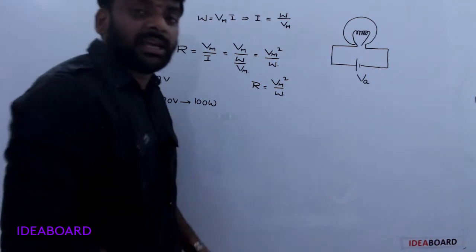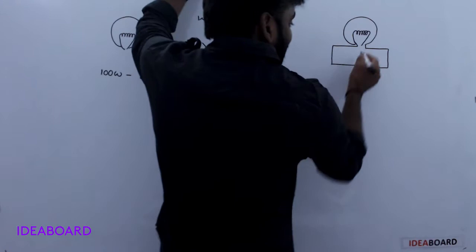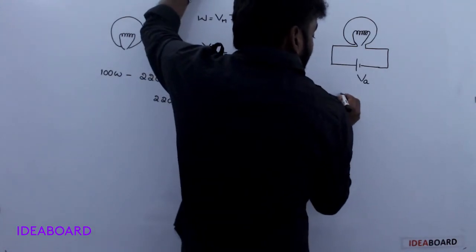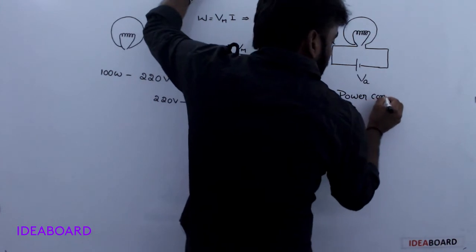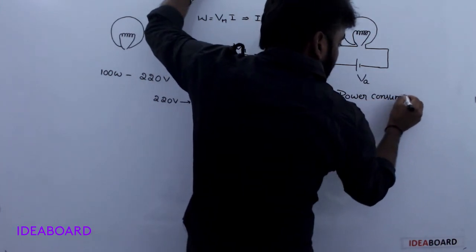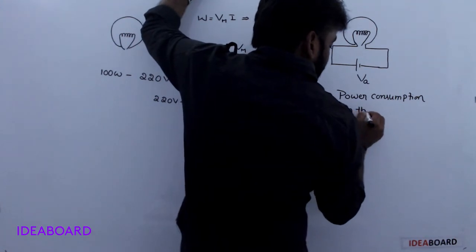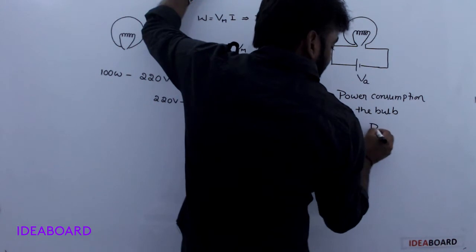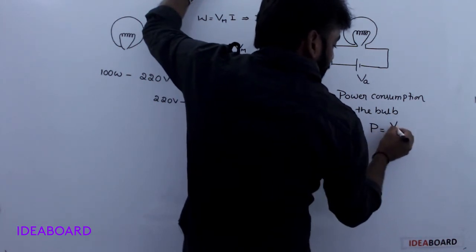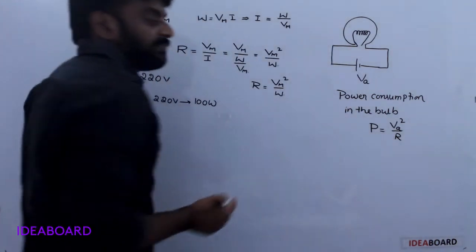Here power consumption in the bulb, P, is equal to V applied square by resistance of the bulb.